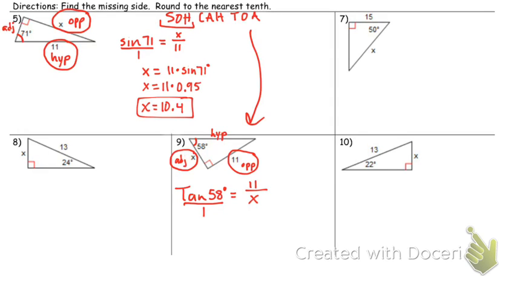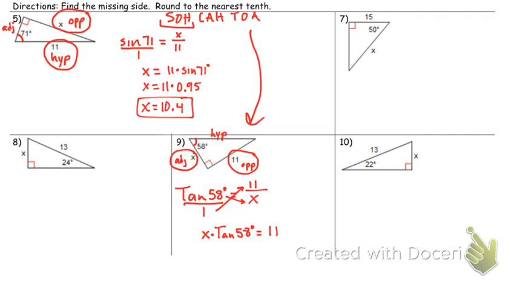So I like to do the x guy first. So this times tangent 58 times x is going to be x times tangent 58. Think of tangent 58 as one total number. Okay, so you can't split these guys apart. And then we're going to go 1 times 11, so equals 11.